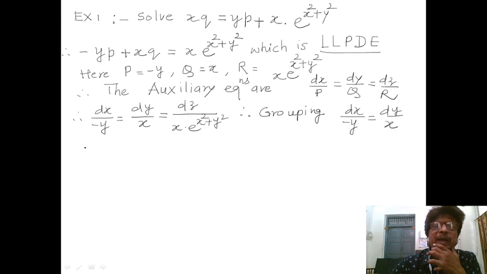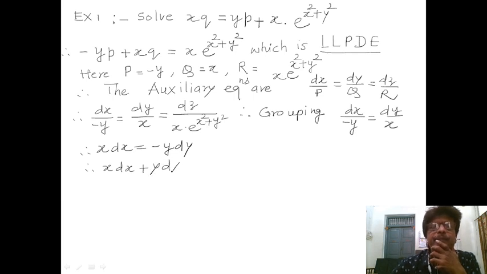Now we shall solve this pair of equations. You cross multiply, therefore x dx equal to minus y dy, which gives me x dx plus y dy equal to 0.